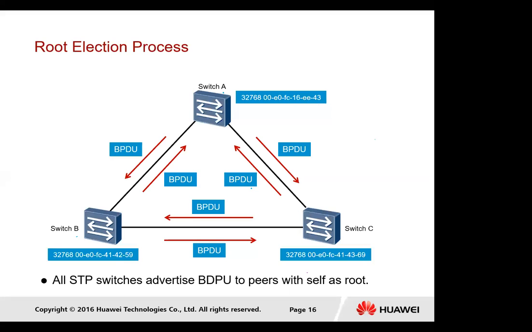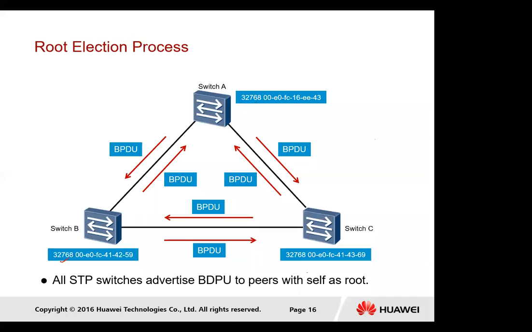So who will be the root bridge in this case? How do they compare? They compare the priority first, then only they compare the MAC address. So first, this is 32768, 32768, and 32768.